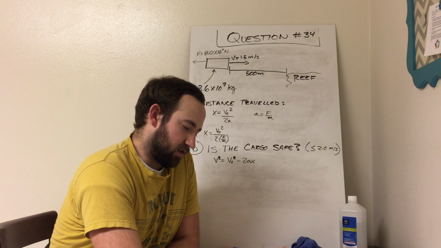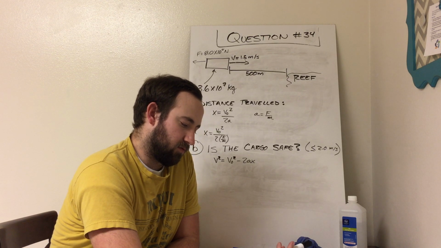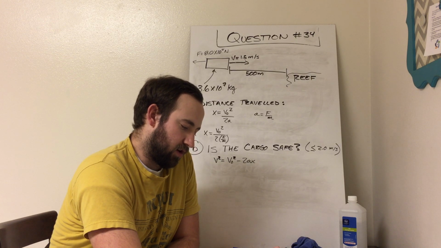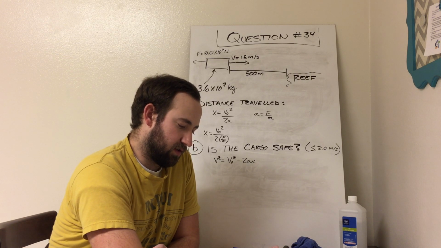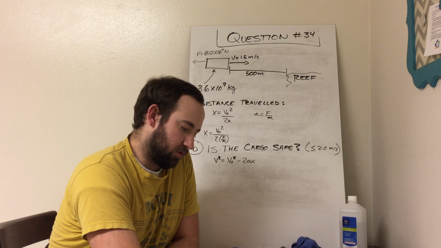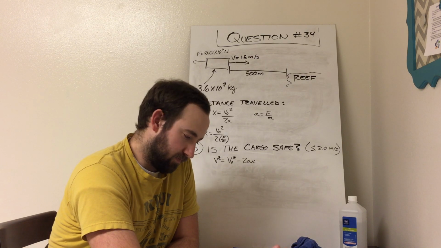The rudder is stuck, so the only choice is to try to accelerate straight backwards away from the reef. The mass of the tanker and cargo is 3.6 times 10 to the 7 kilograms, and the engines produce a net horizontal force of 8.0 times 10 to the 4th newtons on the tanker.